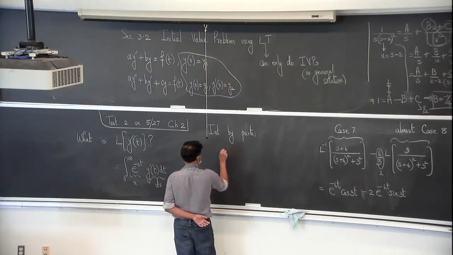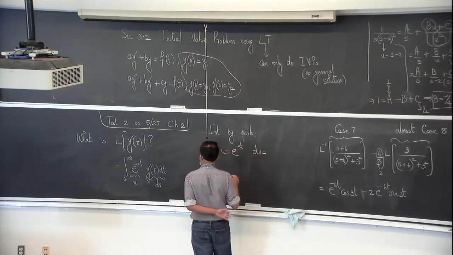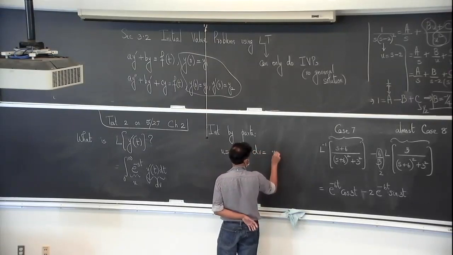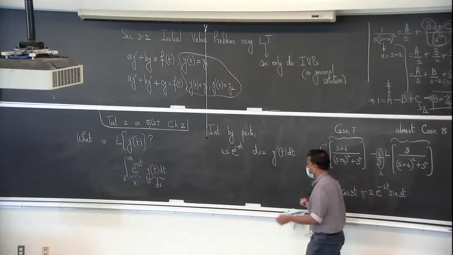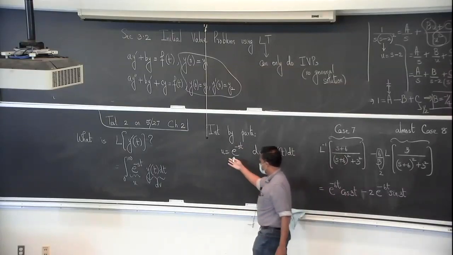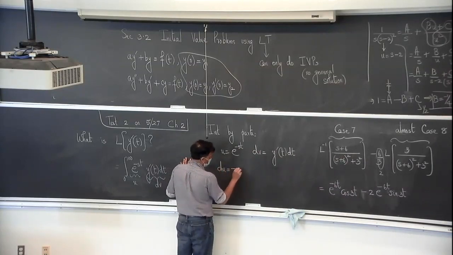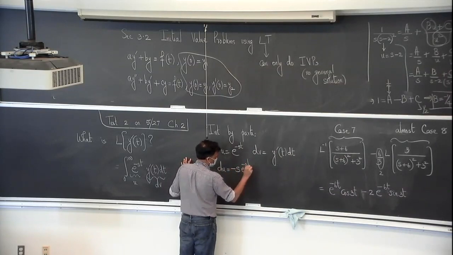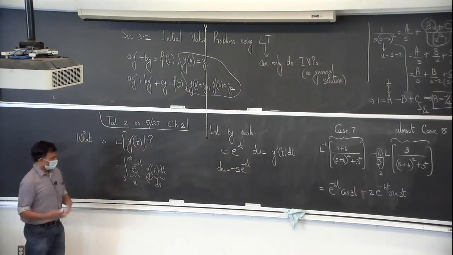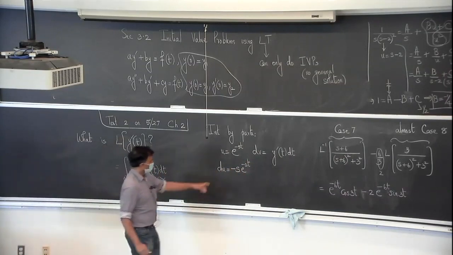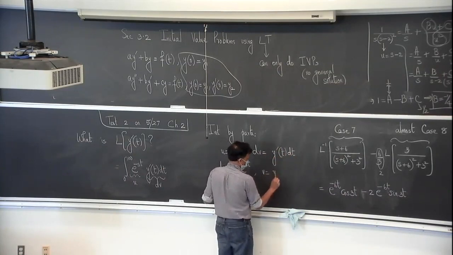So u equal to negative e to the power of negative st, and dv equal to y prime of t dt. Find the derivative of this. So du is going to be negative s e to the power of negative st. Okay, you're finding derivative, not antiderivative. And s is the constant here. T is the variable. V is the antiderivative of this, which is just y of t.